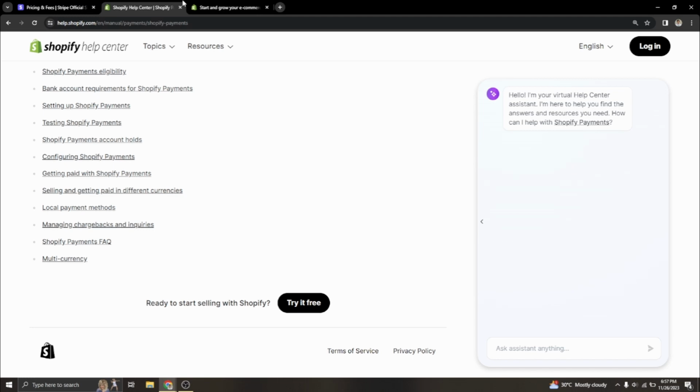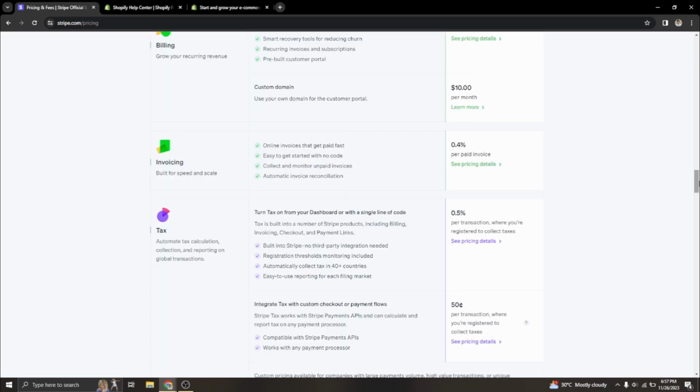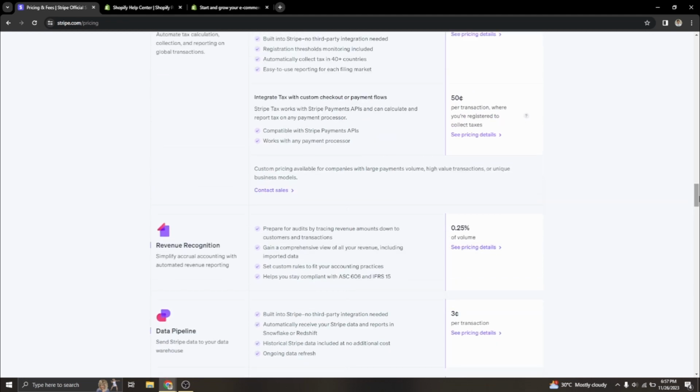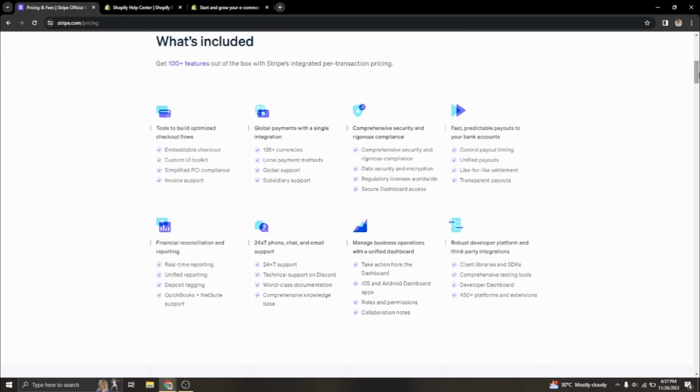Now for Stripe, let's talk about fraud and security again. Just like I said before, they have Stripe Radar, which helps you prevent fraudulent transactions.